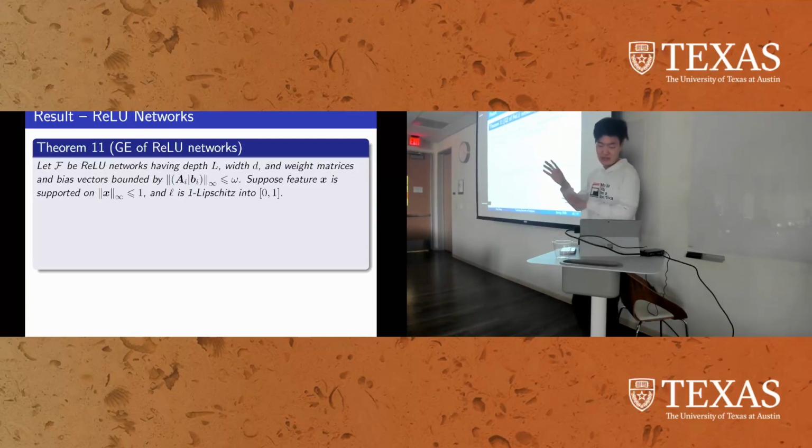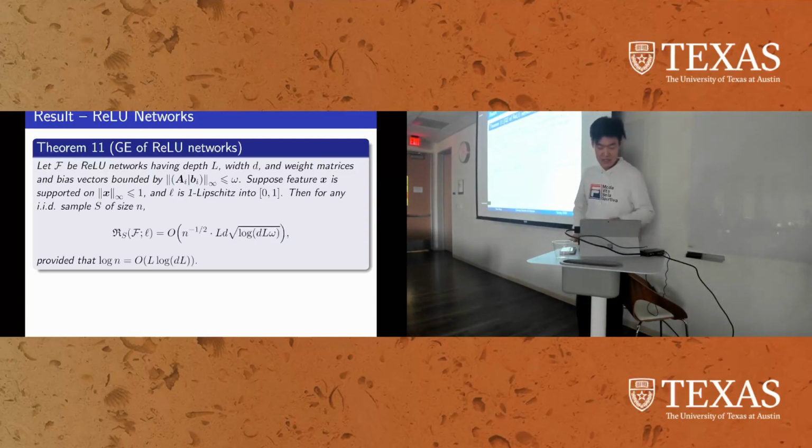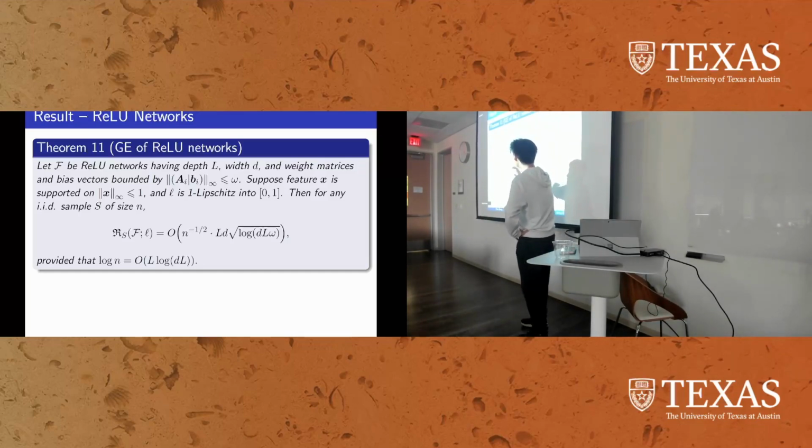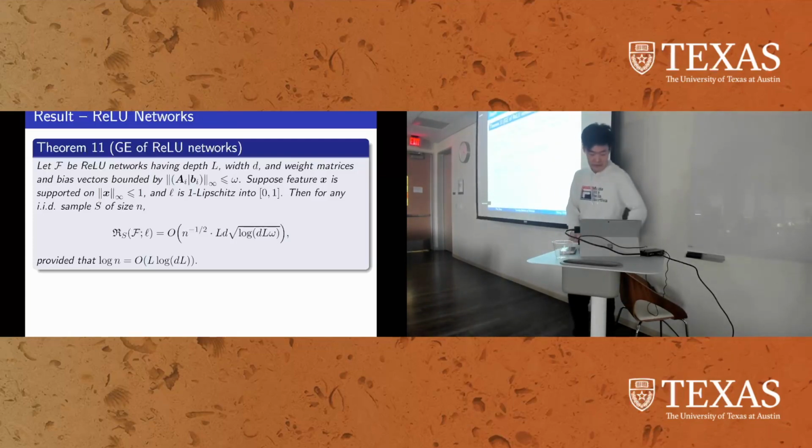It can be made L-Lipschitz if you like. In this setup, if I have a training set of size n, the generalization error, or Rademacher complexity, is bounded by n to the minus 1/2 times the area of the network times a slightly larger log term.